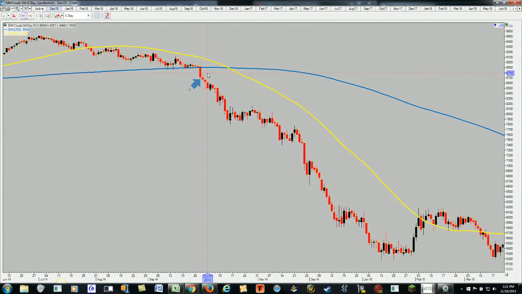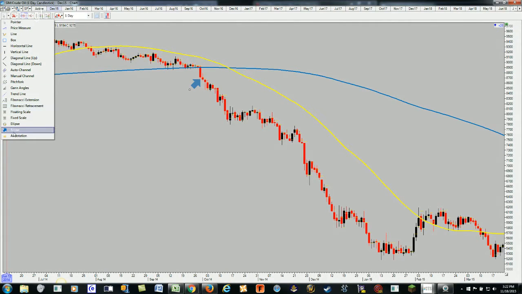But the way to really help you determine the overall downtrend as a day trader is when the 50 bar SMA, or simple moving average, on a closing basis goes and closes underneath the 200 bar SMA, simple moving average. And we can see it significantly moves underneath right in this area.